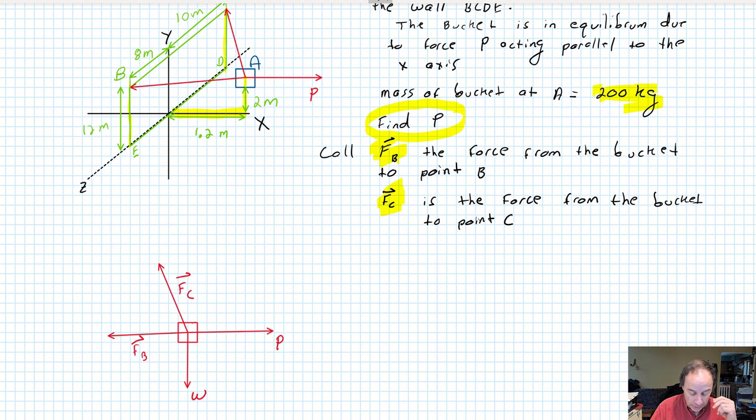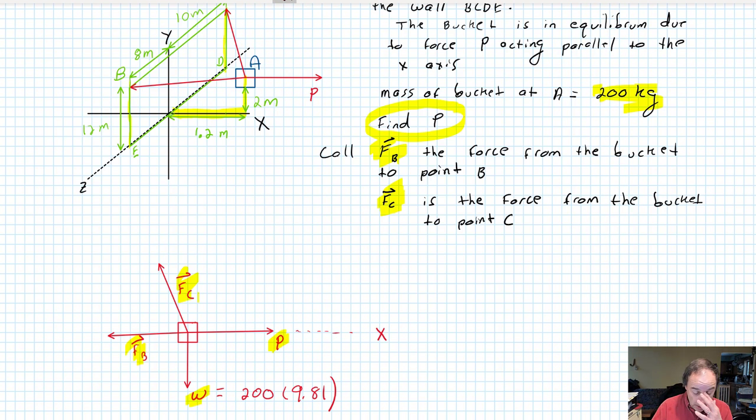You have the two cables, FC and FB, parallel to the x direction.